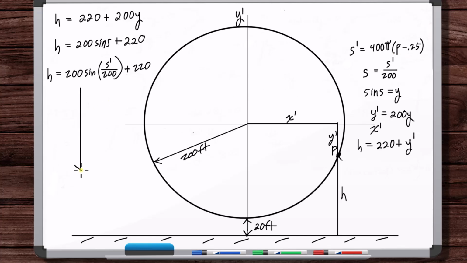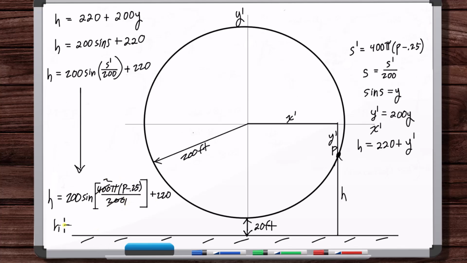So h is 200 sine of... okay, we can simplify this.